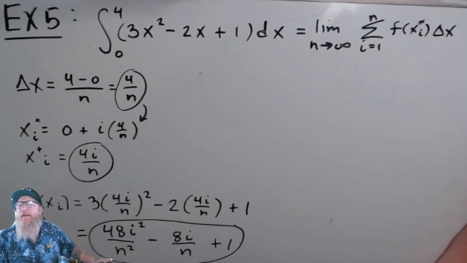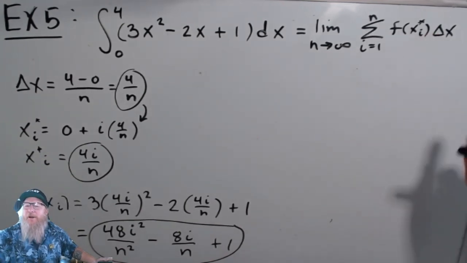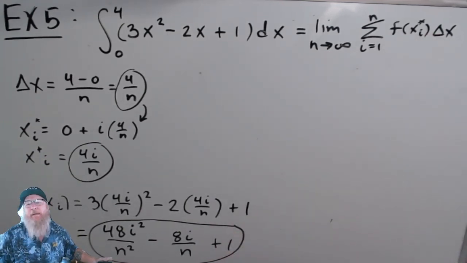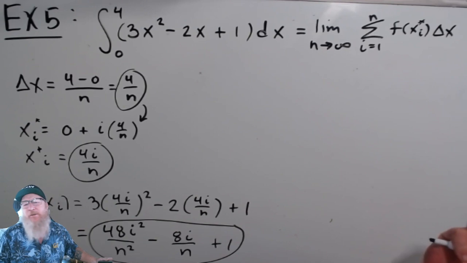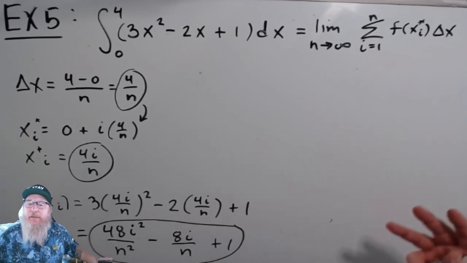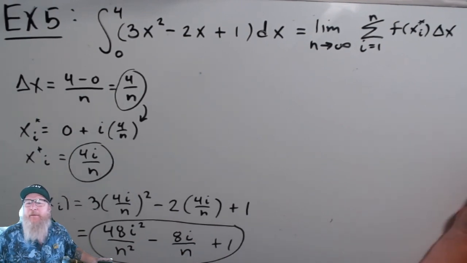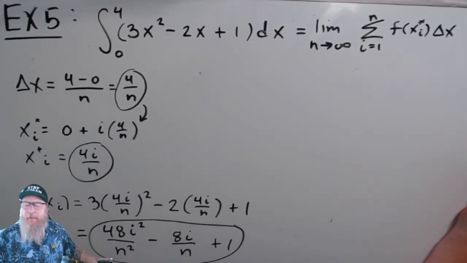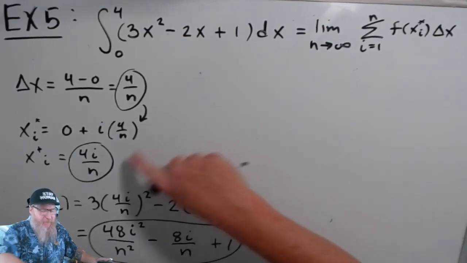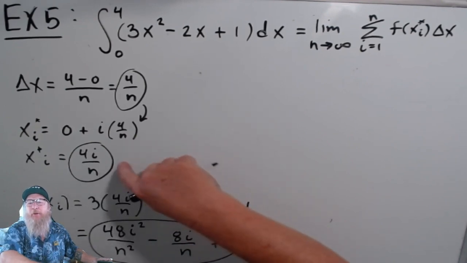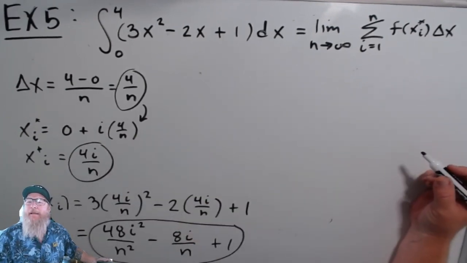I don't typically do that when I'm calculating, but the star just means that it could be any point. You don't necessarily have to use the right-hand point. I suggest using it, but it turns out if you use a different point, the result will be the same. If you've done a couple of these in your homework, you will agree with me that the right-hand point is the easier one.